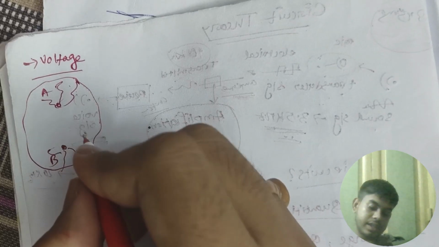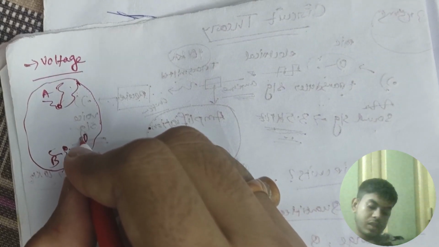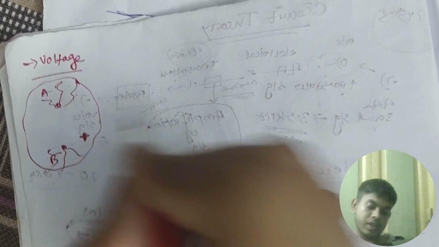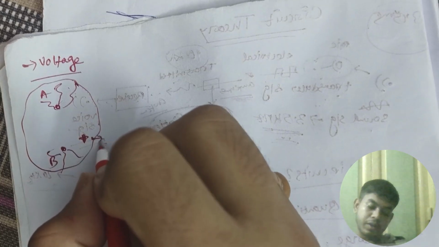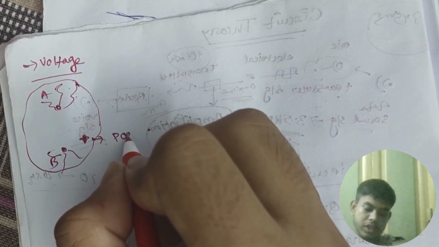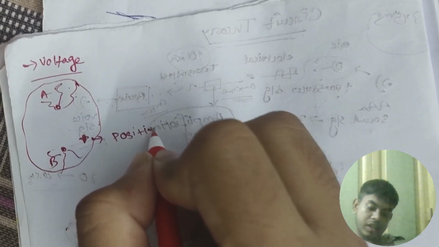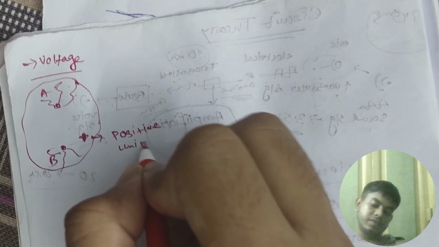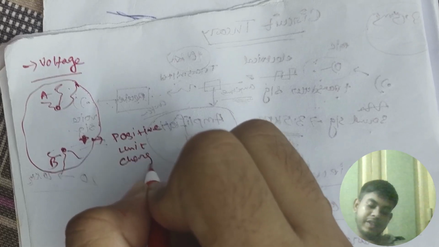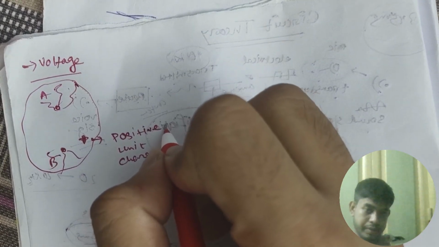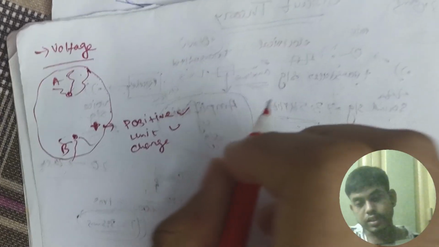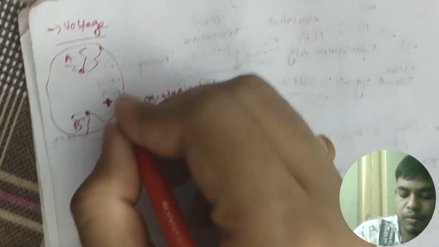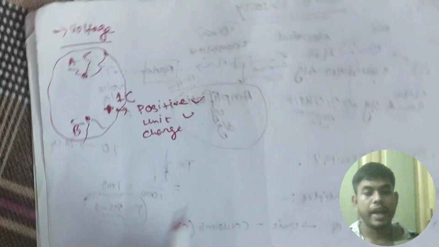Now let us assume some charge is there, which is one positive unit charge. It's very important. You should remember positive and unit. So taking 1 coulomb of charge.